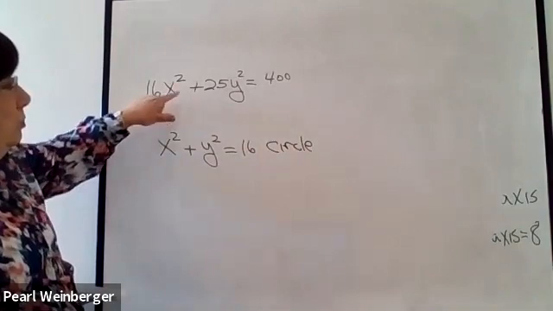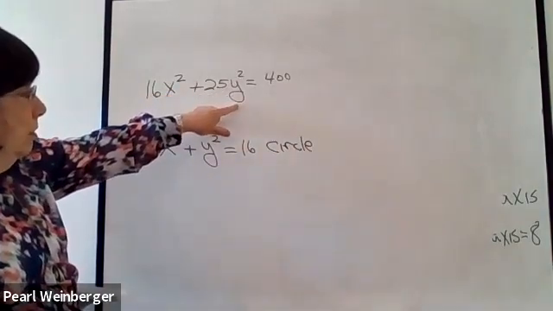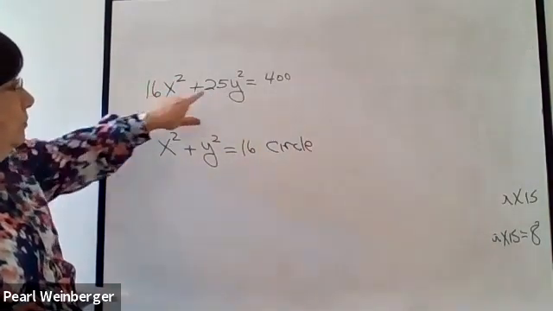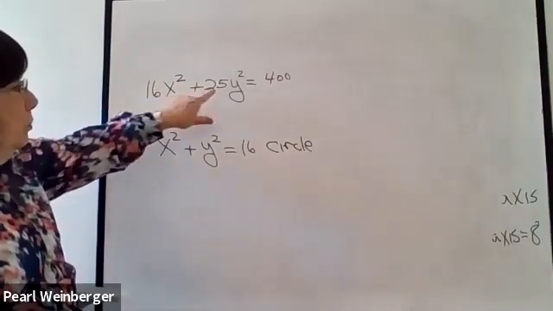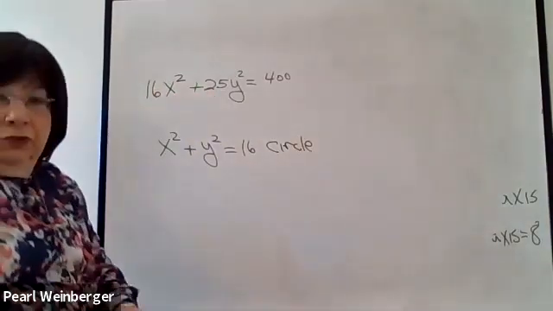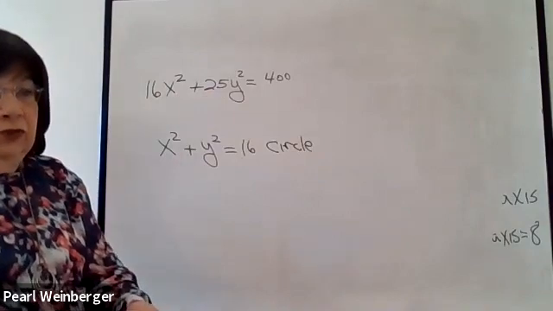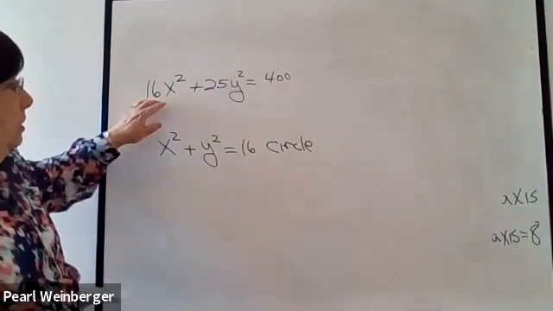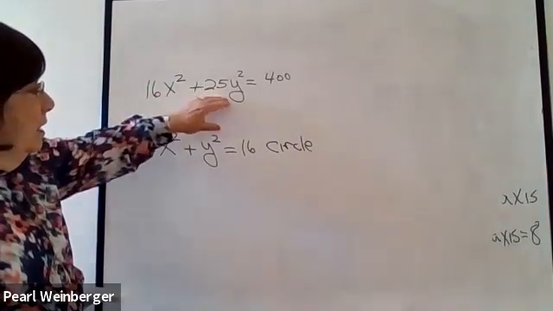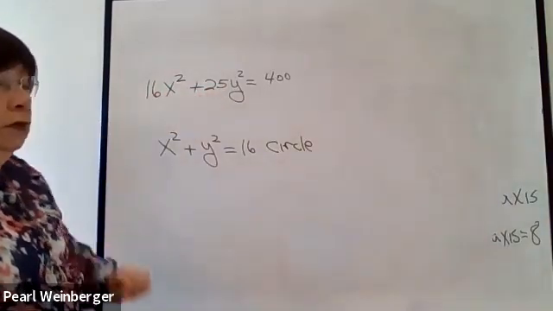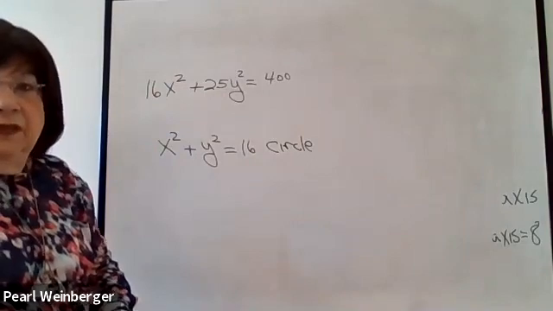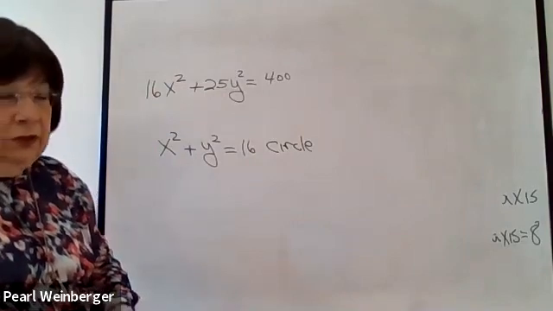Here we have an x squared and a y squared as well. But the numbers in front of the x squared and the y squared are different numbers. The coefficient of the x squared and the coefficient of the y squared are different. That's what makes it an ellipse.